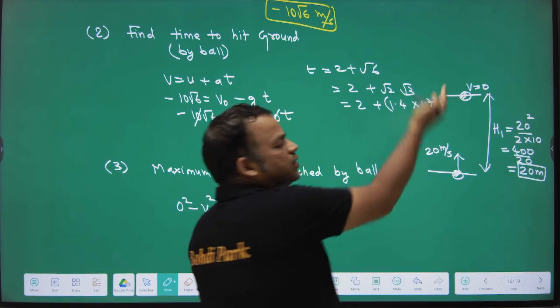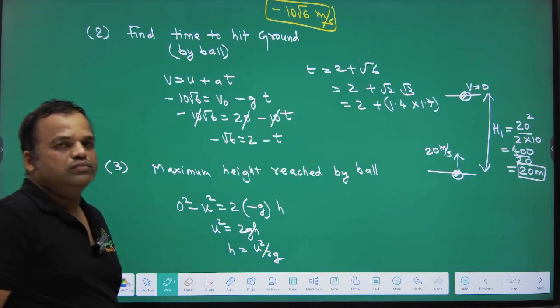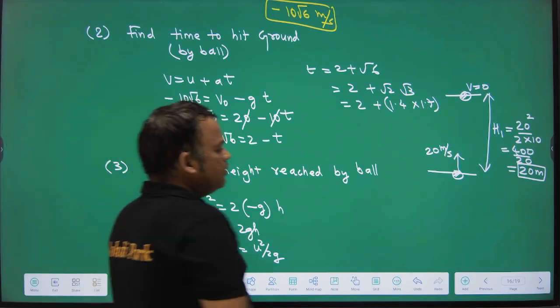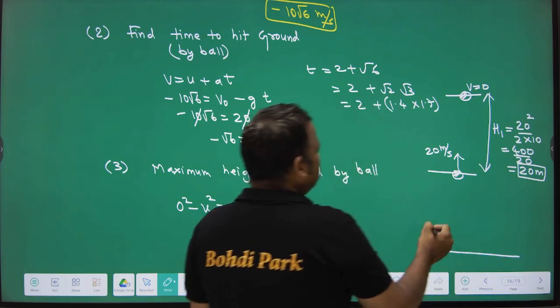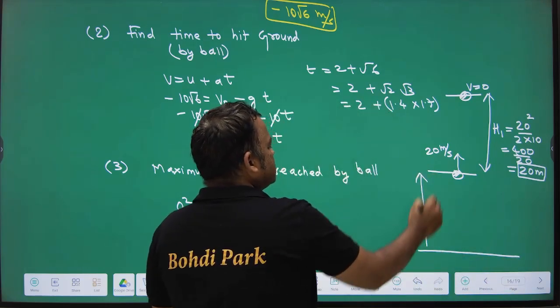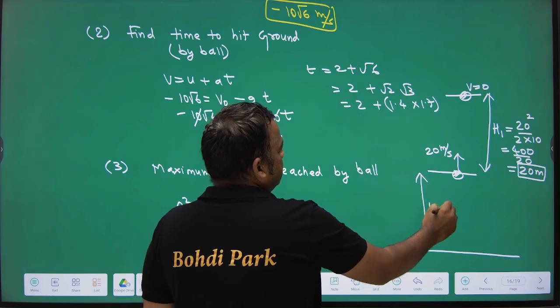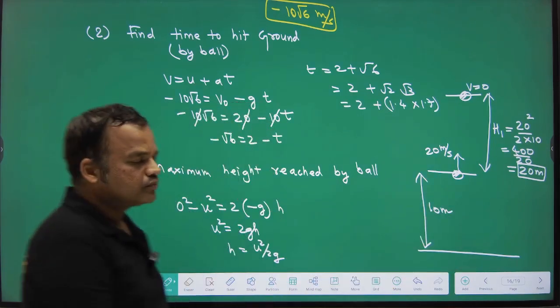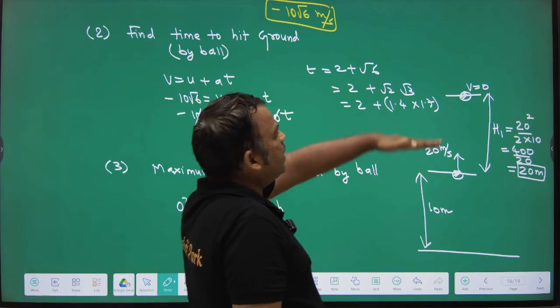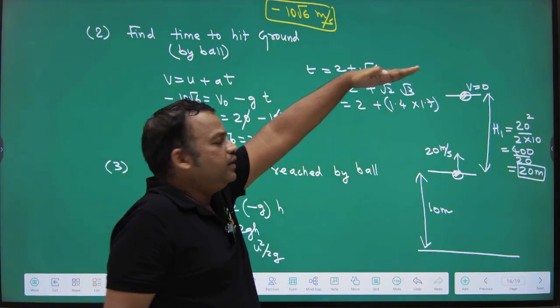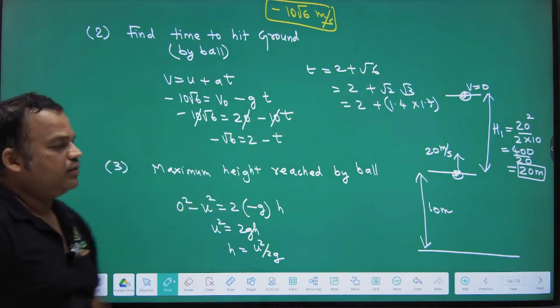So further, how much high it will go? 20 meter. And the ball was released when already it was at height of 10 meter. So the maximum height reached by the ball is 30 meter.